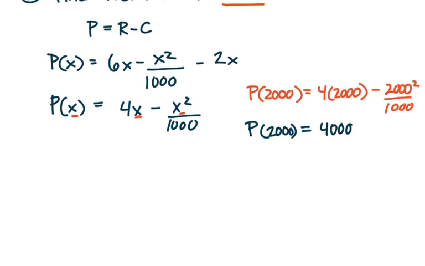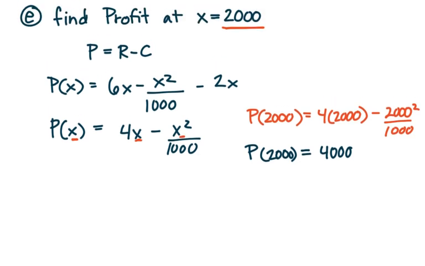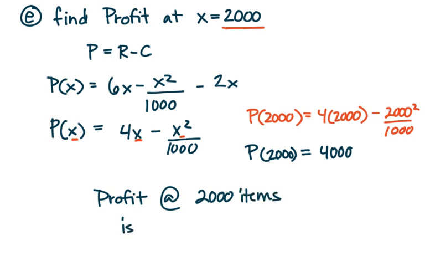So that means the profit, we're not dealing with marginal, we're just dealing with profit. The profit at 2,000 items or units of whatever we are producing is $4,000.